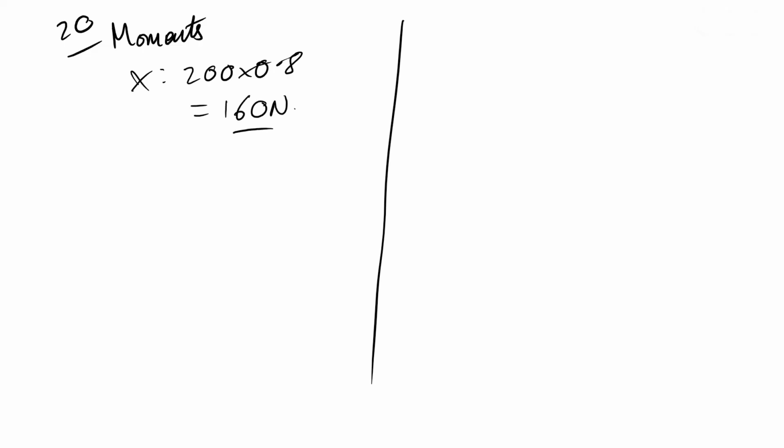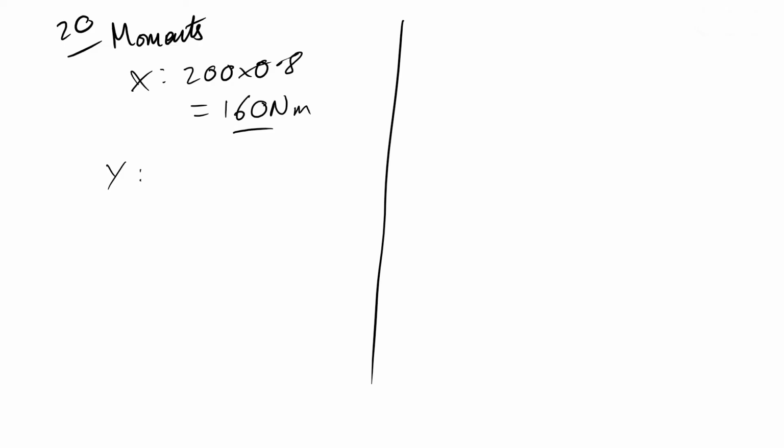Okay, 20, we're changing a tire, it looks like. We're looking for the minimum length needed to loosen the nut. Basically, we are comparing moments. So the moment for X has to be 200 times 0.8, which gives us 160 Newton meters. Y, we're looking for the same, but we have a couple.